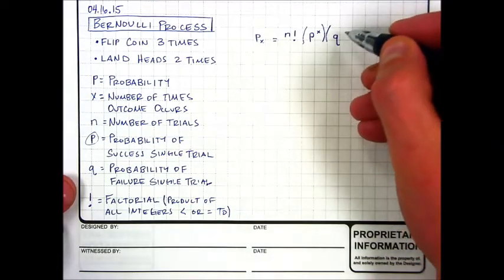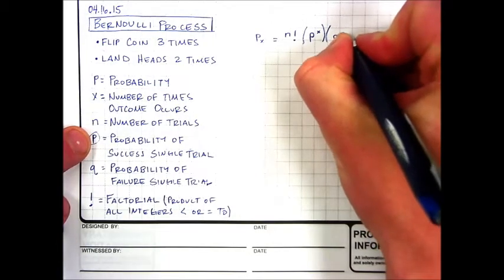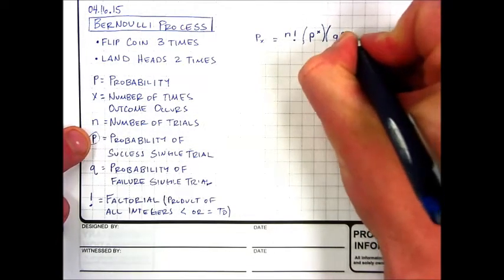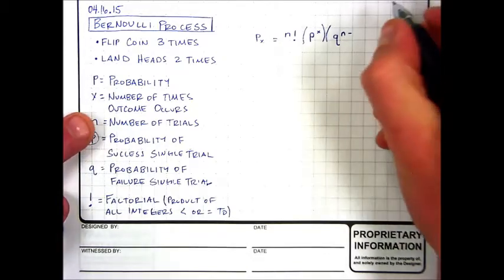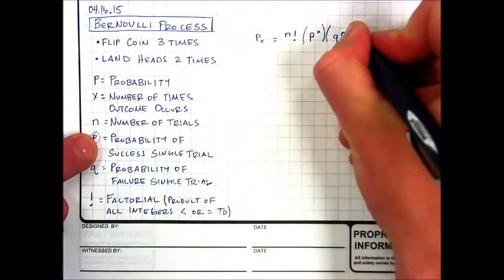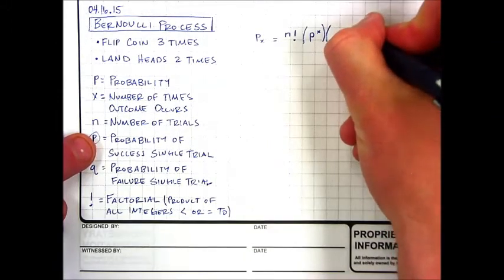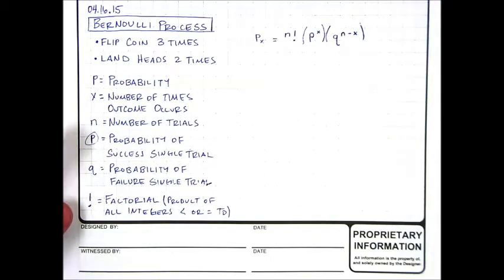To the number of trials minus the number of times the outcome occurs. So there's another X right there. That's the top part of your formula.